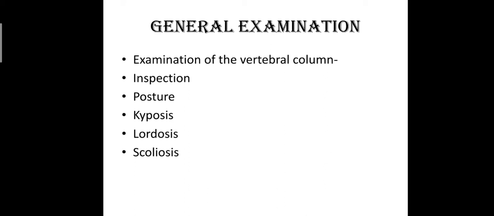The well-known postural deformities of the spine are as follows. Kyphosis usually refers to an increase in the normal posterior convexity of the thoracic spine. Causes are localized injury or disease, generalized bone disease, or faulty growth or postural habits.